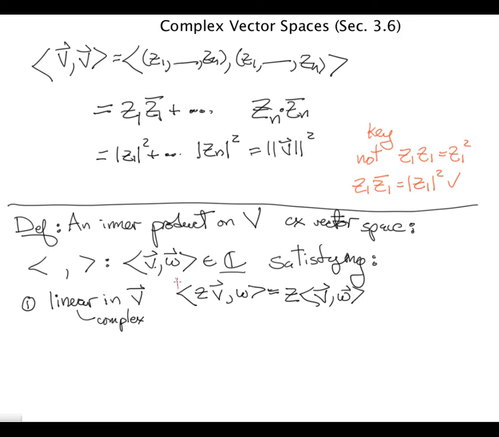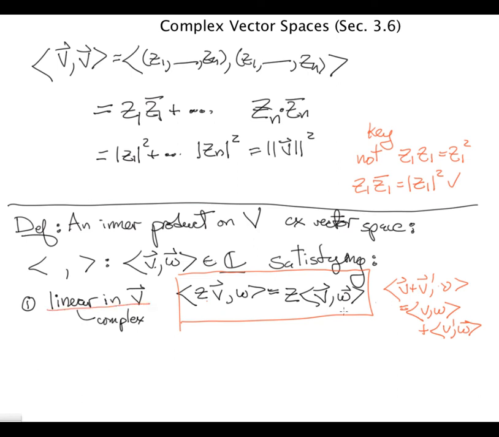Okay, so this says that if you pull a complex number out of the first argument, it just pulls out front. And so this is a complex number. You're multiplying it by another complex number. Those two sides agree. And of course, it's also additive, which is <v plus v prime, w> is equal to <v, w> plus <v prime, w>. So this says that it's linear in the first variable. That's what these two conditions are.